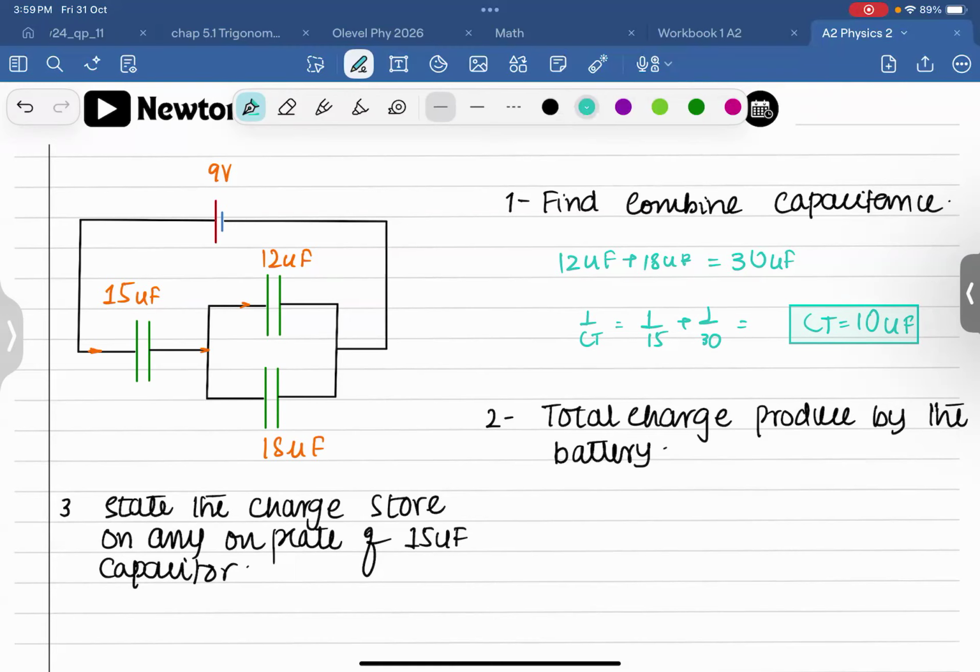Now the second thing is the total charge that can be produced by the battery. You have to do Q equals CV again.